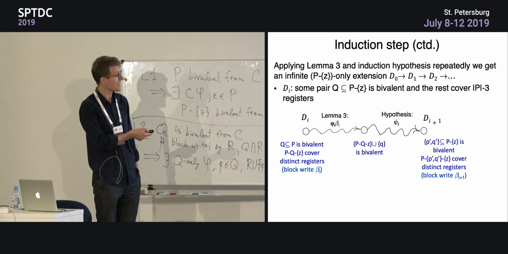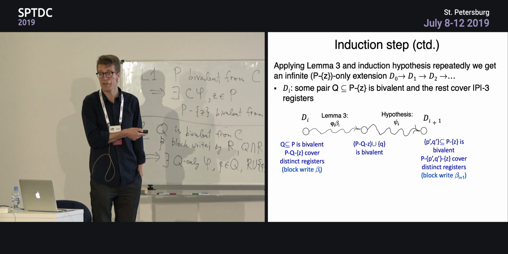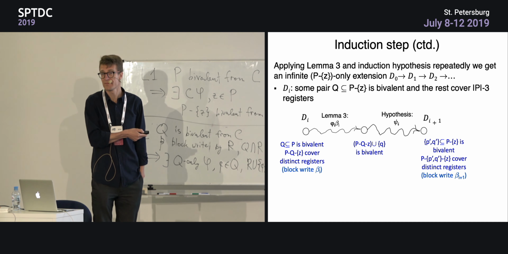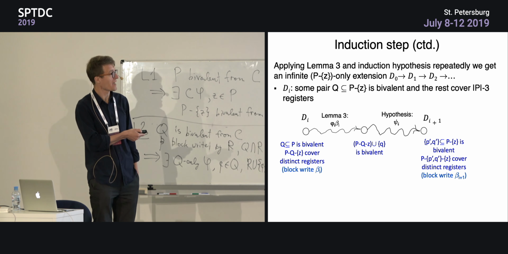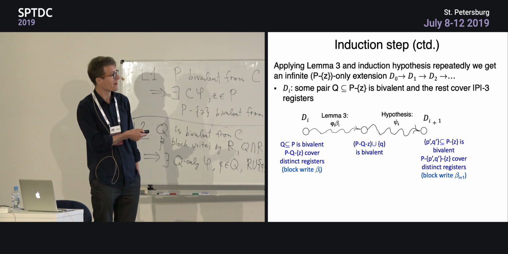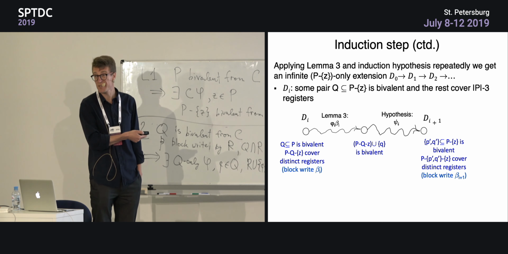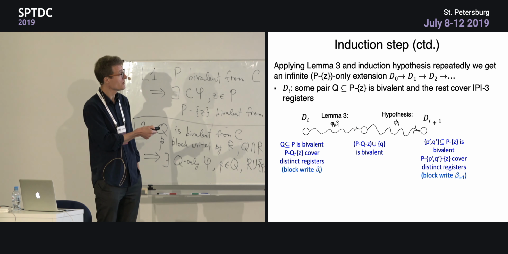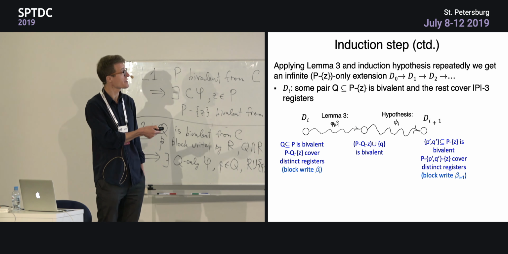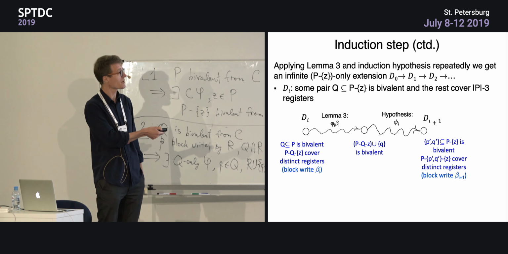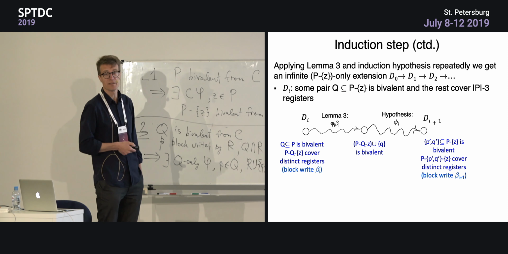Notice that this set again has strictly smaller cardinality than P, because I took a process from P and added another process, so the cardinality is P minus 2. By induction, I apply again the induction hypothesis and get a new configuration D_{i+1} such that there is a pair of processes in this set which is bivalent. I have the rest, P minus P', Q' minus Z, covering distinct registers.